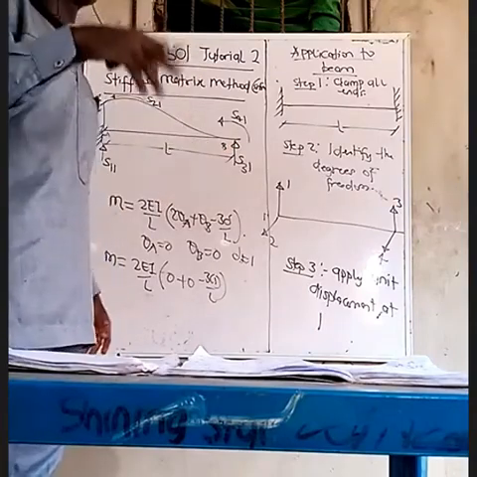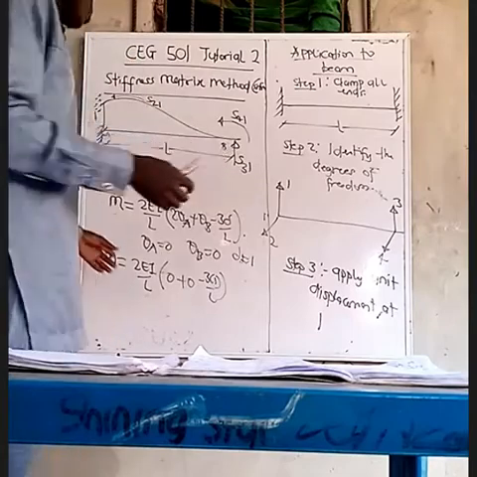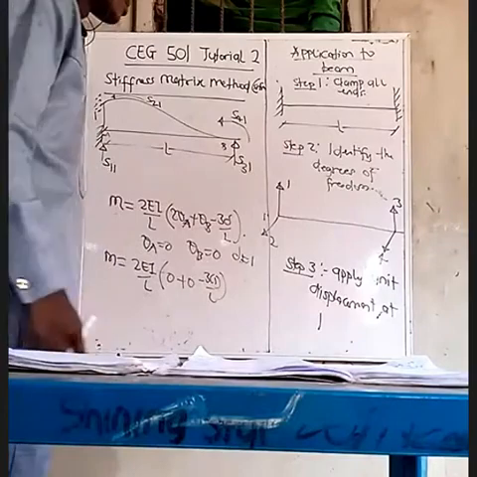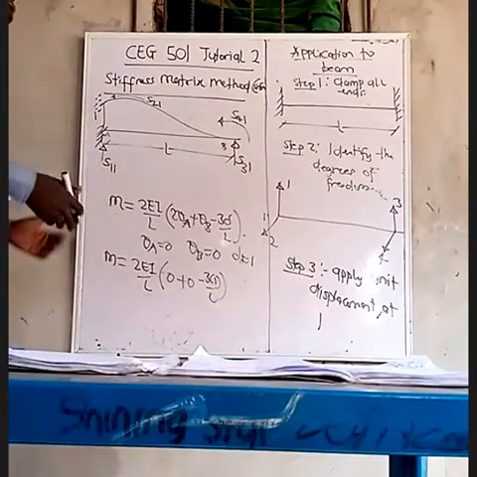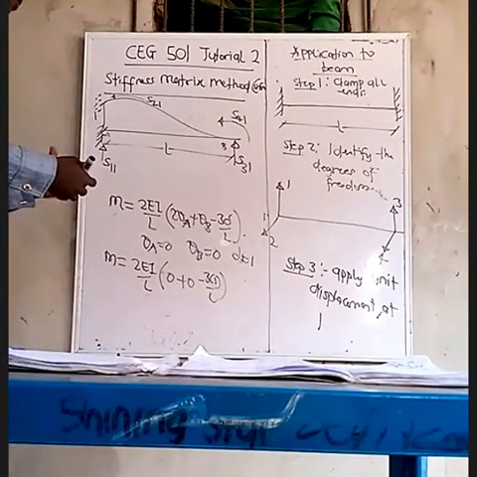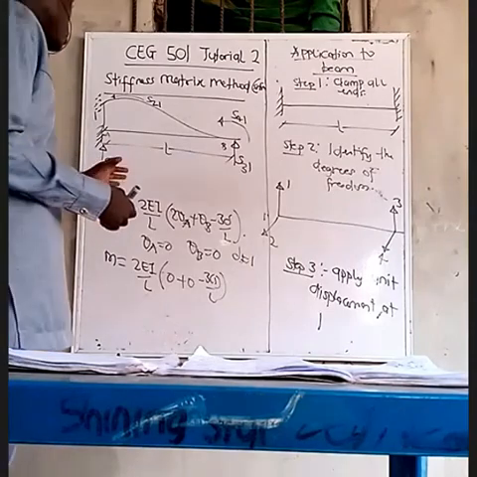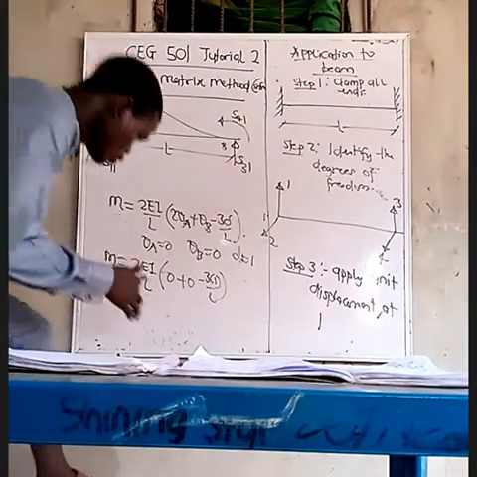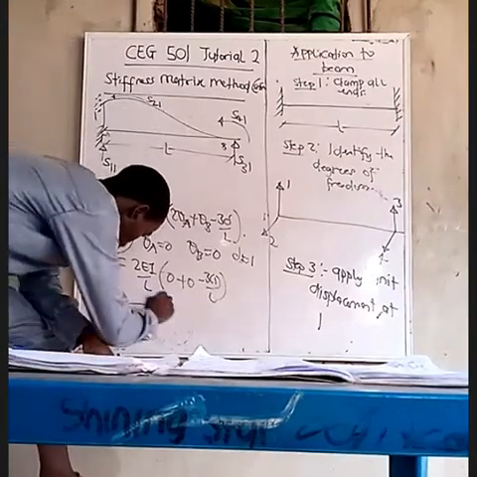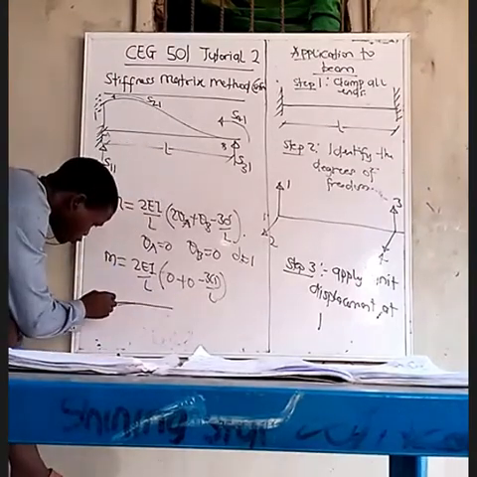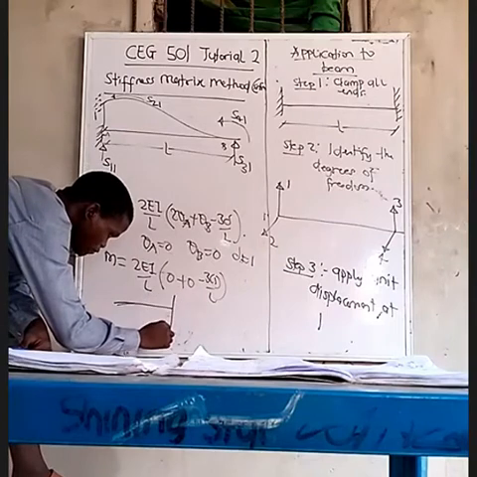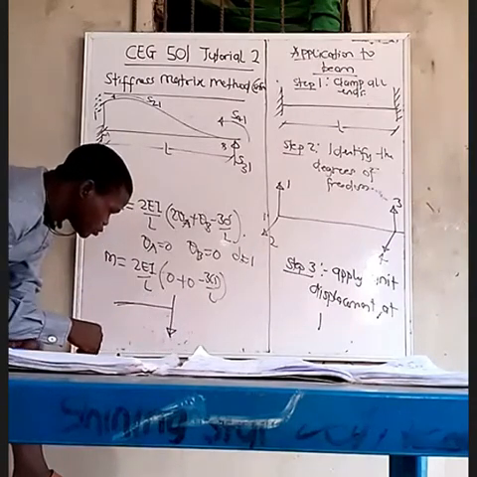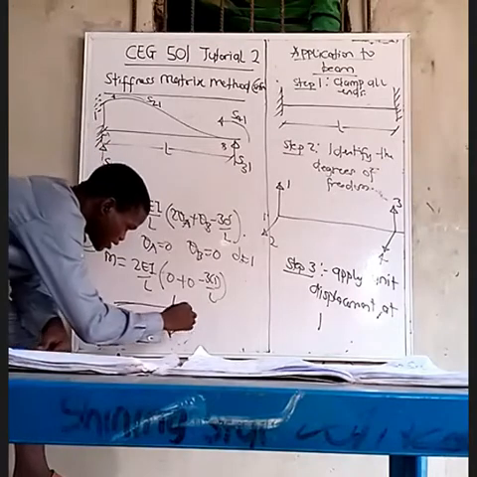Now, actually, I have a convention for identifying when the sink moment is positive or negative. Normally, you will tell me that this is supposed to be minus 6EI over L squared. Well, at least that is what you can say, that's obvious. But this is the convention I use to discover if the sink moment should be positive or negative.